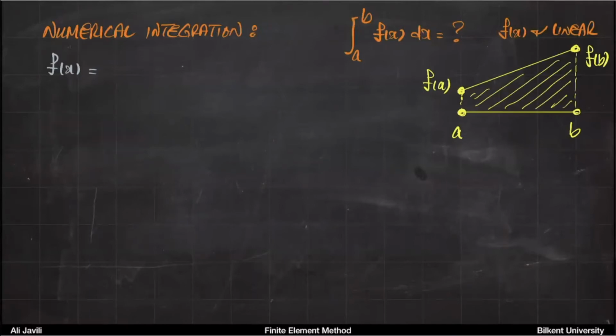This is what we are going to do using the coordinates we have. So m, the slope of the line here, would be fb minus fa divided by b minus a, times x minus a.